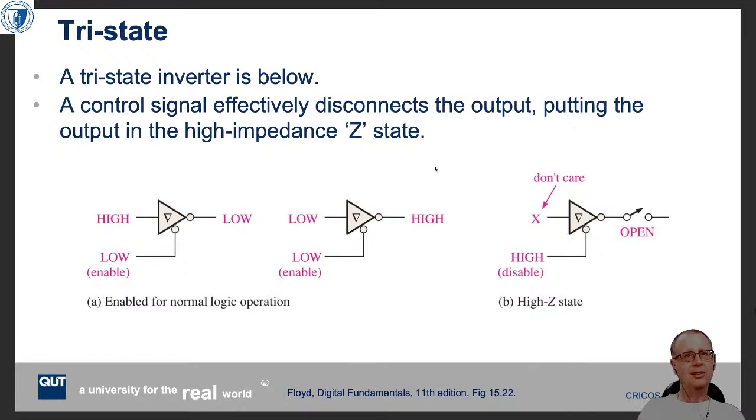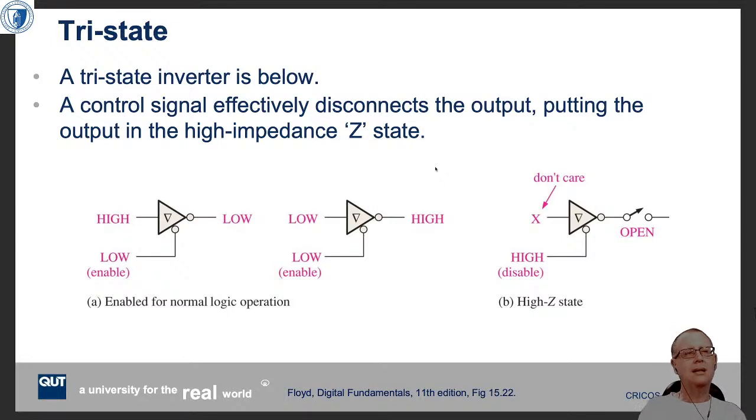And what happens is if the enable is, and this is an active low enable, you can see the bubble on the enable input. That means when the enable input is low, that means it's turned on. And you can see that just works exactly like you would expect an inverter to work.